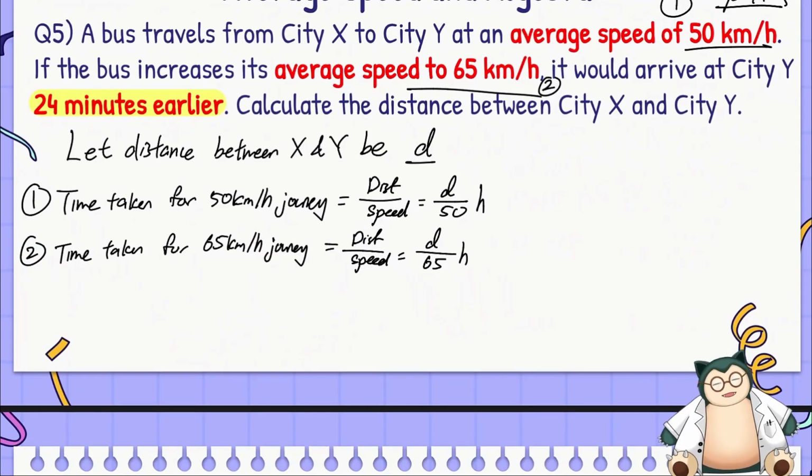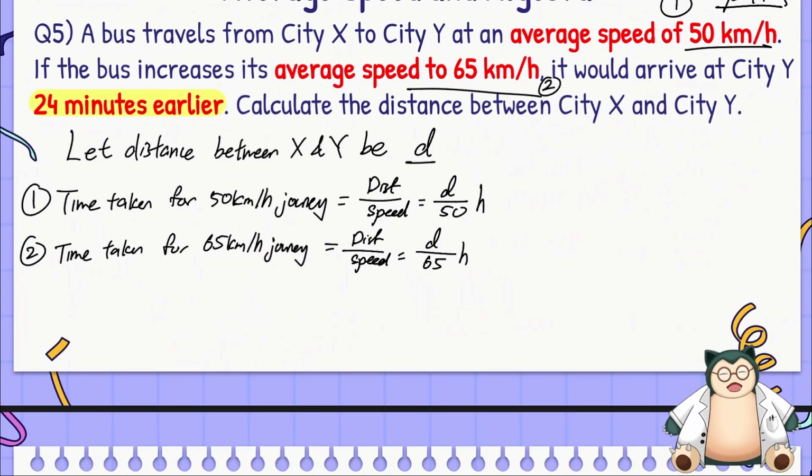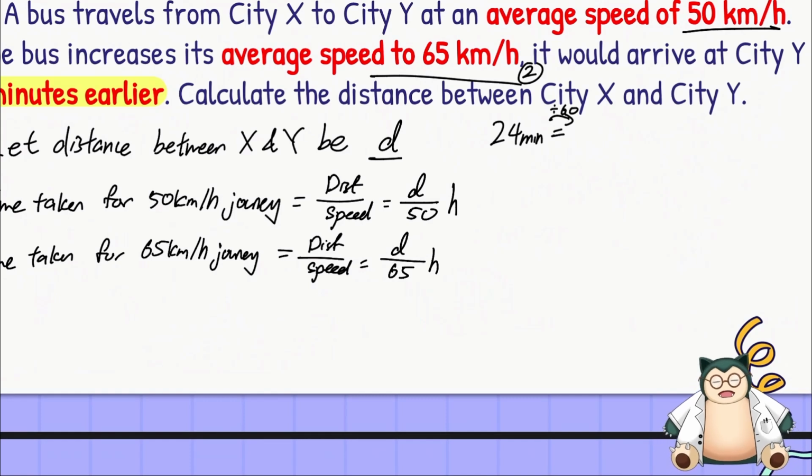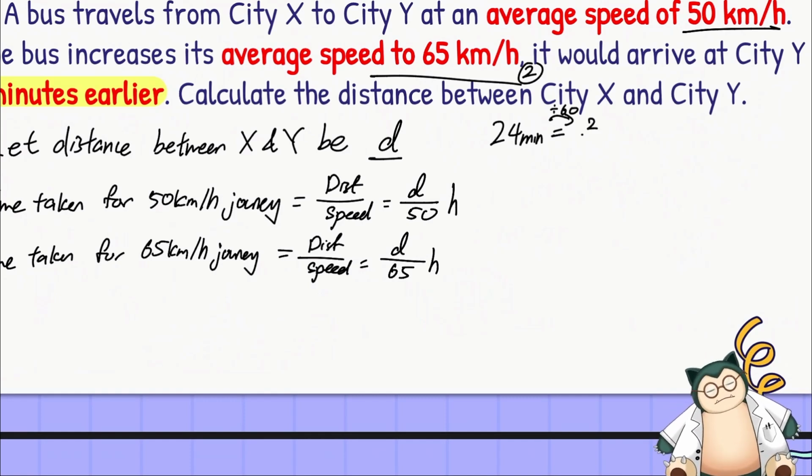But very first thing, let's convert minutes into hours first. So 24 minutes, if we divide by 60, we get 2 over 5 hours.